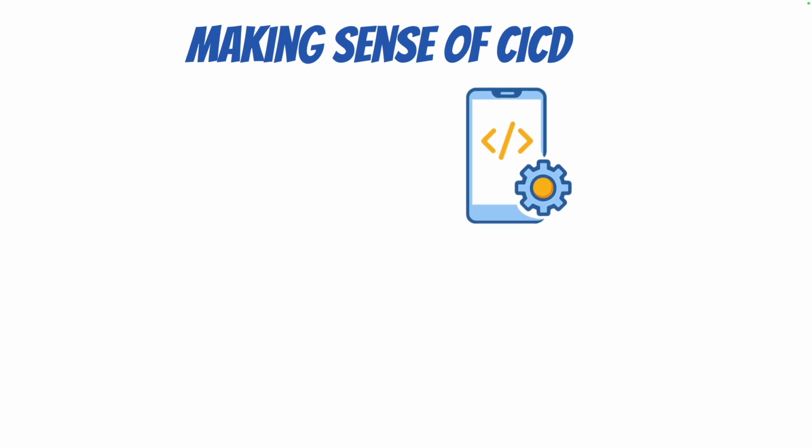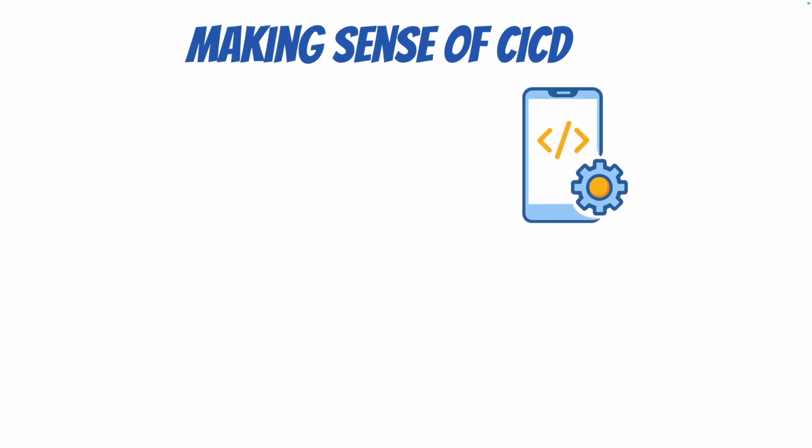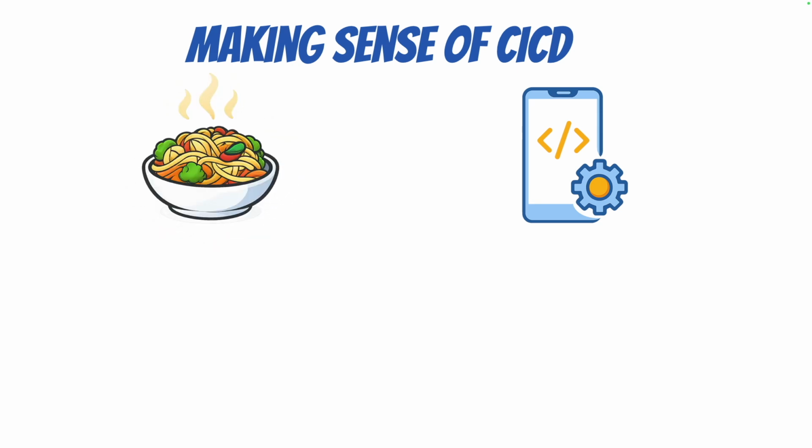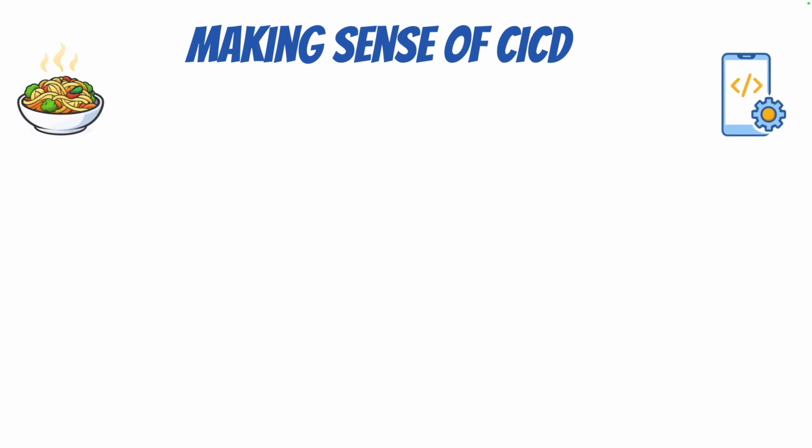To make it a little bit intuitive, I am going to use a meal preparation analogy. There are a lot of similarities between preparing a meal which contains a lot of different components and building an application. Using this particular analogy, we will try to understand and make sense of CI/CD.